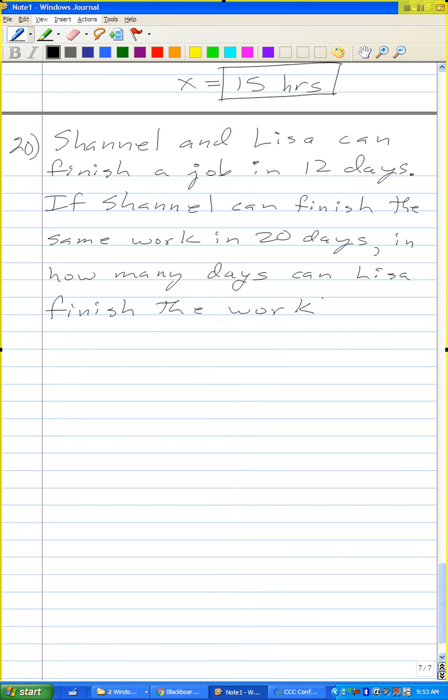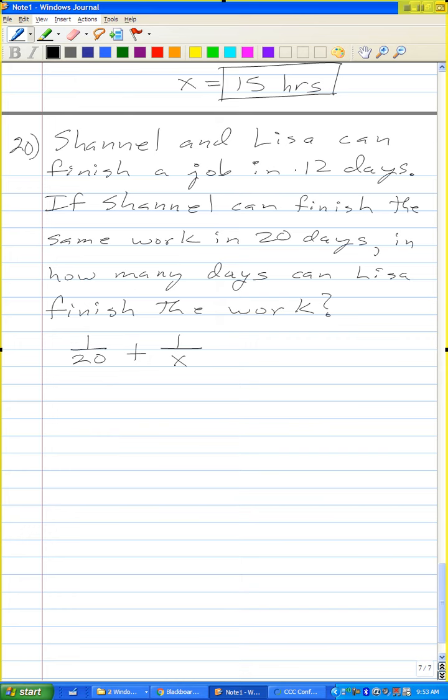Okay, so we'll do this exactly the same way we did in the other problem. Chanel can finish the whole job in 20 days, so she can do 1/20th of it per day. I don't know how long it'll take Lisa, so I'll say it takes her x days to complete the job, and so she can do 1 over x of it per day.